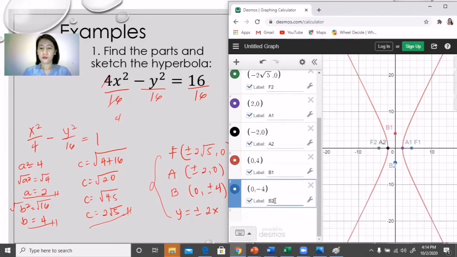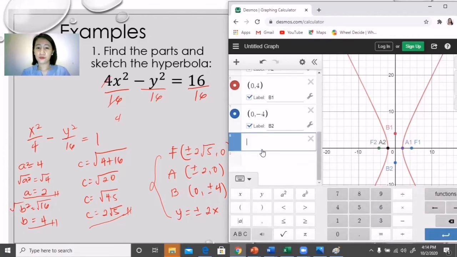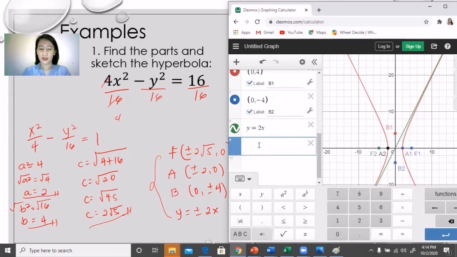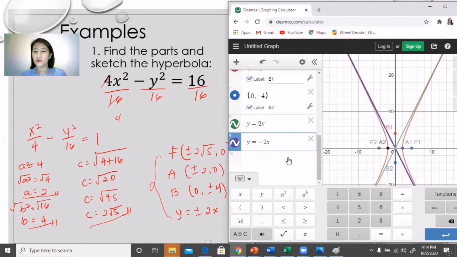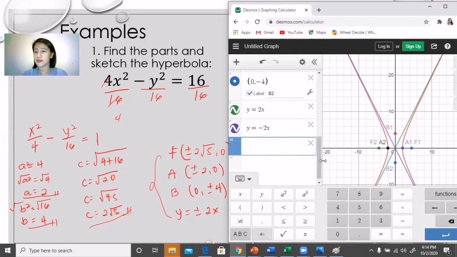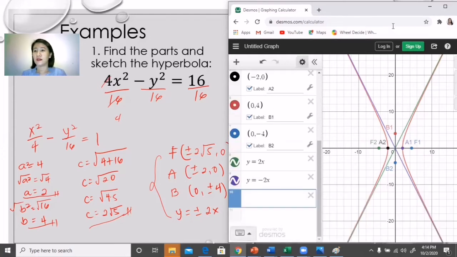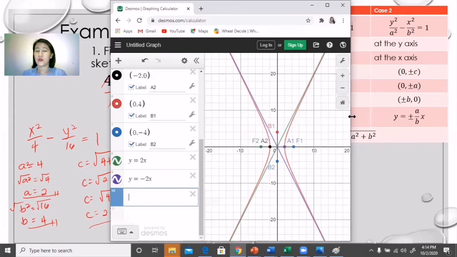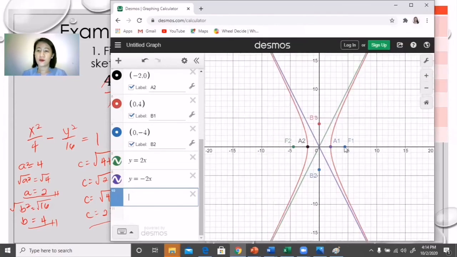Okay. And for our asymptote, we have 2, right? So positive 2x and negative 2x. So you'll have y is equal to positive 2x there. And y equals negative 2x. Okay. That's it. We now have the sketch of our hyperbola.